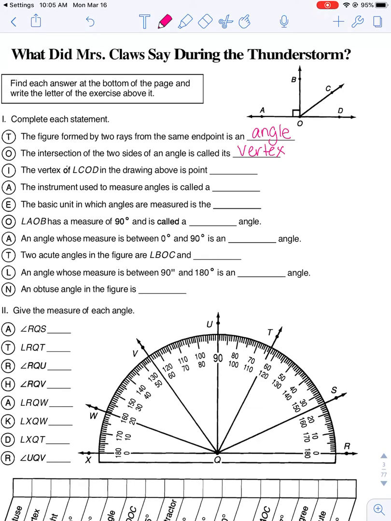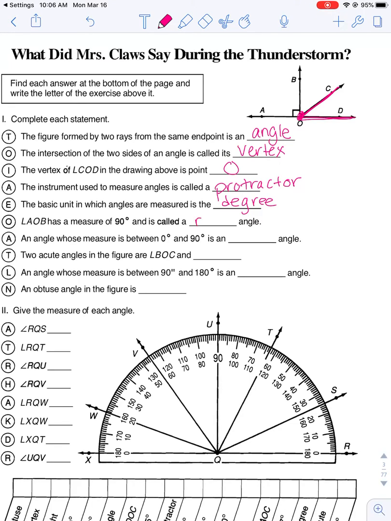The vertex of angle COD, so here's COD, that would be point O. So whatever letter is listed in the middle is always the vertex. The instrument used to measure angle is called a protractor. There's a picture of one on the bottom half of the page. The units for angles would be degrees.